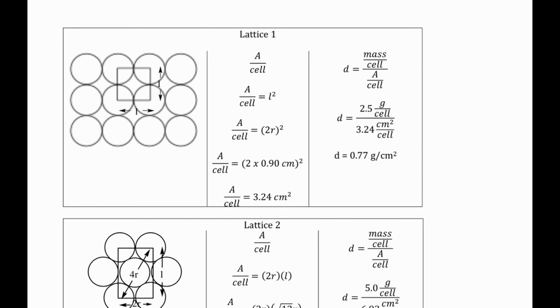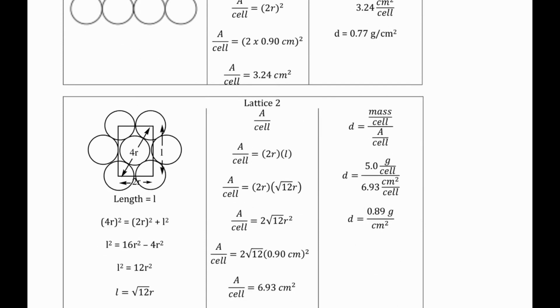For lattice 2, we have the 5.0 grams per cell from above divided by 6.93 centimeters squared per cell, and we get 0.89 grams per centimeter squared, a bigger area density than for lattice 1 because the pennies are more tightly packed in that arrangement.